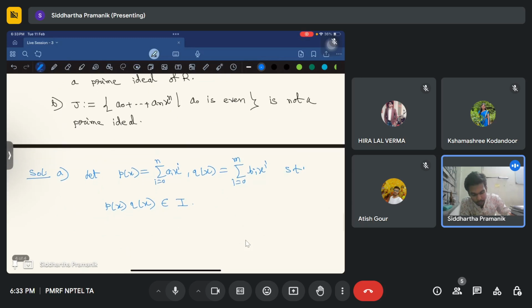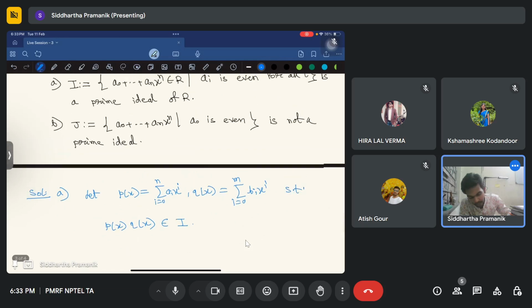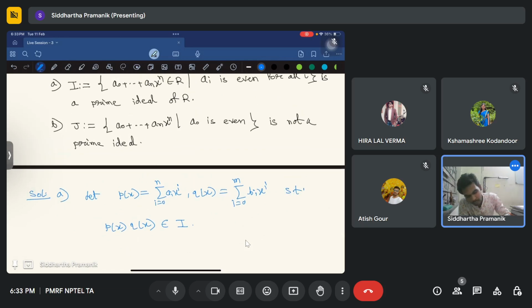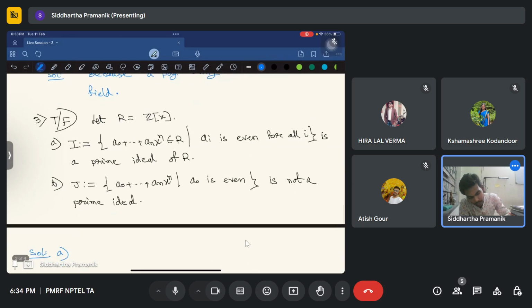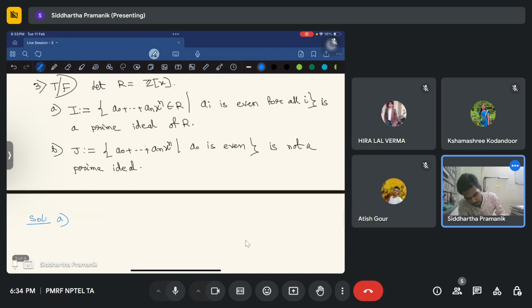So from that, it is difficult to conclude, right? So what we can do is use the earlier problem here. Basically, your I is all those polynomials whose coefficients are all even.